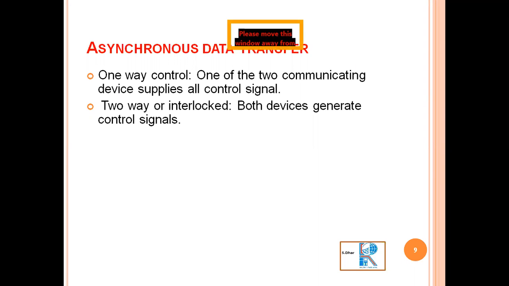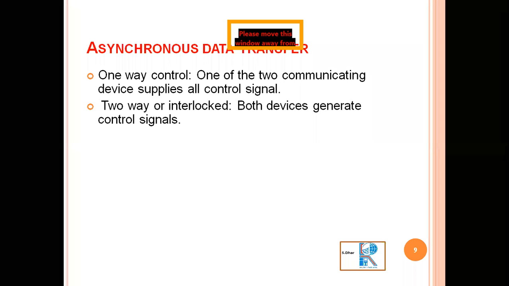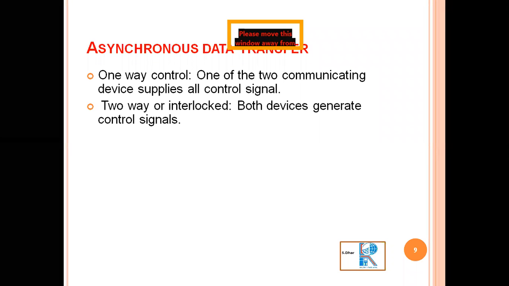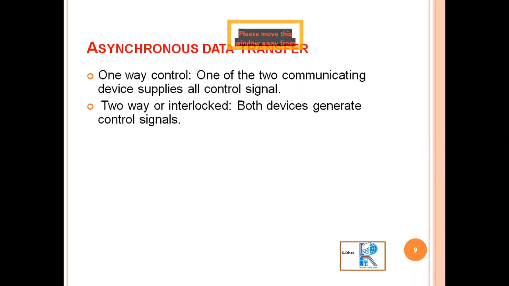This control signal may be generated by either device, by the source or by the destination. If either source or destination generates the control signal, that is called one-way control. And if both source and destination generate the signal, then that is called two-way or interlocked asynchronous data transfer.